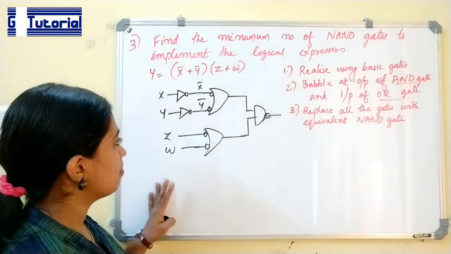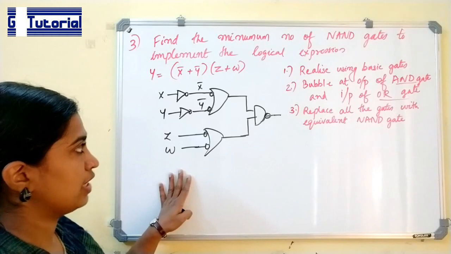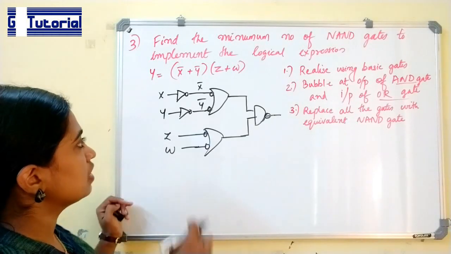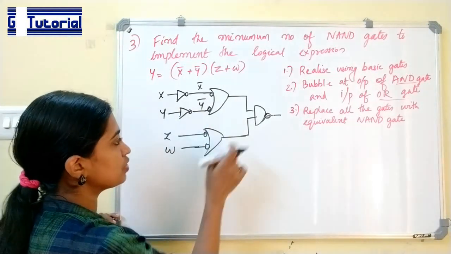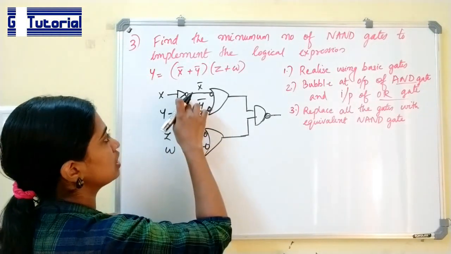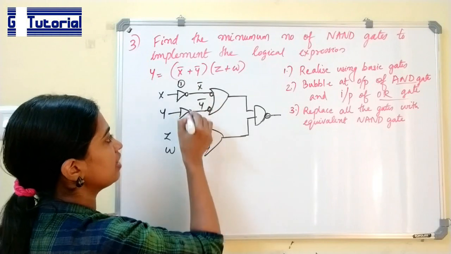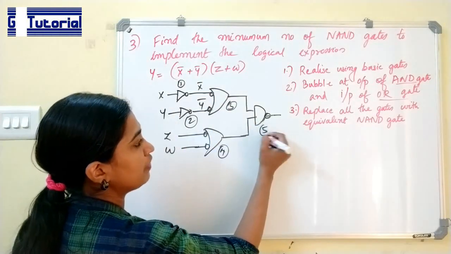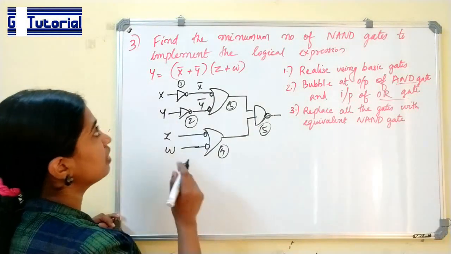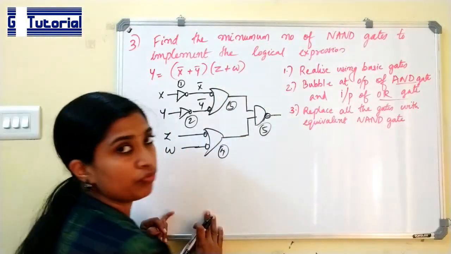But if we are doing it this way, in the next step we have to convert this to equivalent NAND gates. So there will be NAND gates here, 2, 3, 4, 5 NAND gates will be used. But we are asked to find the minimum number of NAND gates.